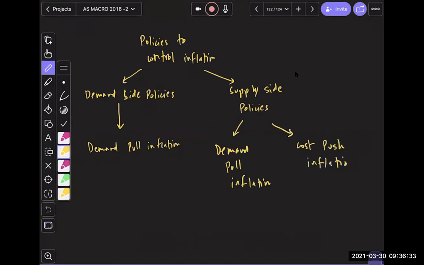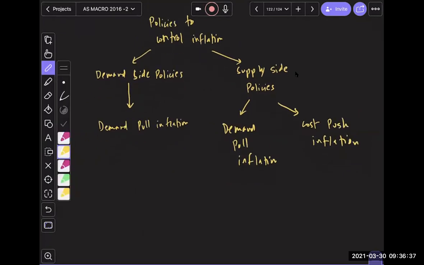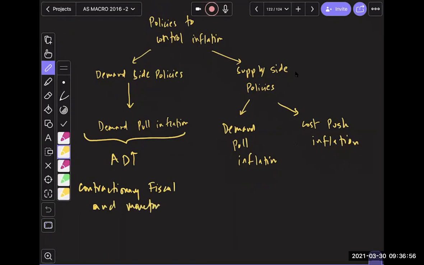Why? Because if there's too strong demand, if AD is rising, we can control that through contractionary fiscal and monetary policy. Isn't that true?